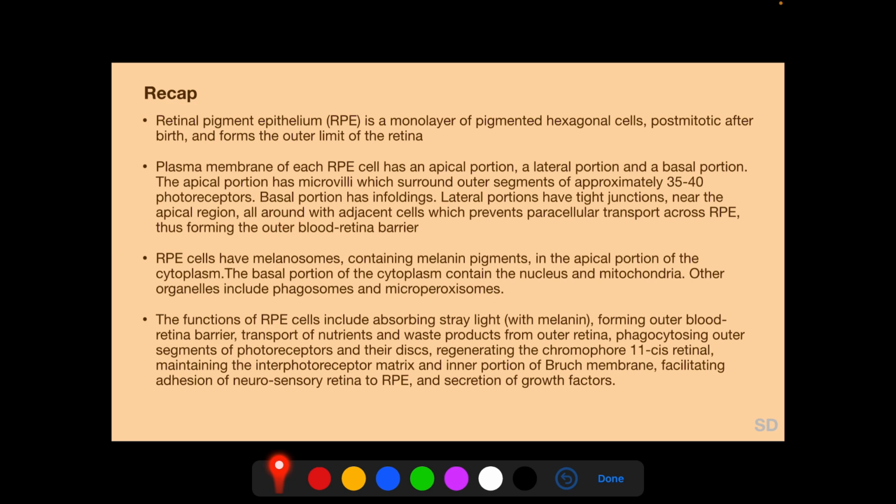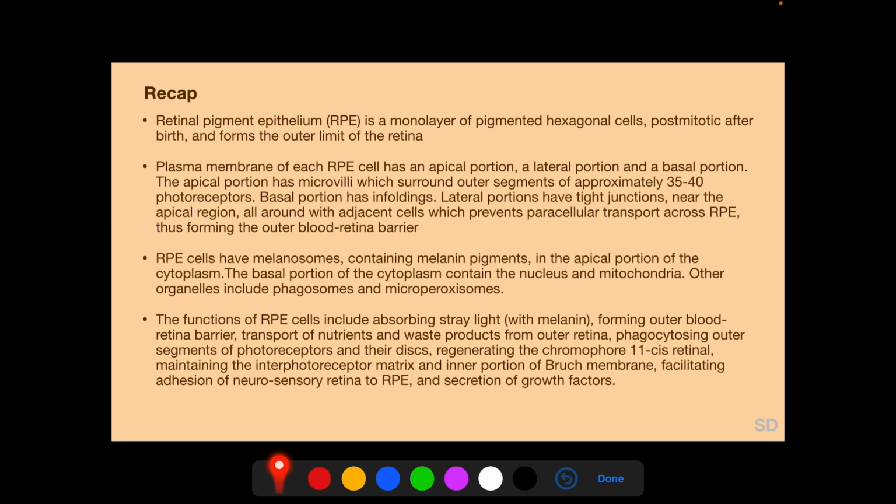These tight junctions prevent paracellular transport across the retinal pigment epithelium, thus forming the outer blood retinal barrier. RPE cells have melanosomes containing melanin pigment in the apical region of the cytoplasm. The basal portion of the cytoplasm contains the nucleus and the mitochondria, and other organelles include phagosomes and microperoxisomes.